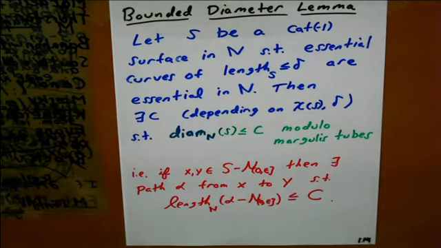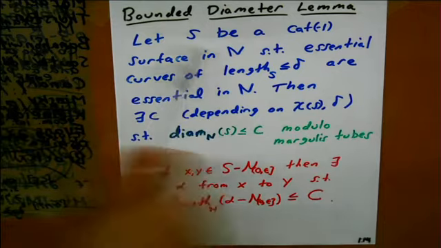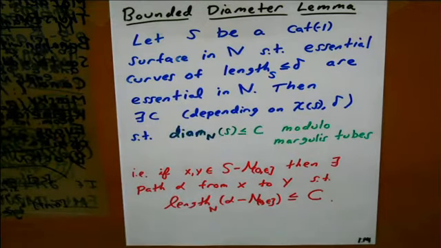Therefore, in a hyperbolic 3-manifold, a surface whose intrinsic curvature is less than or equal to -1, with a lower bound on injectivity radius, has diameter in the manifold uniformly bounded above. More generally, if there are short curves in the surface, where the injectivity radius is small at some points, then all that stuff lives inside the Margulis tubes. So the bounded diameter lemma says that a surface with intrinsic curvature less than or equal to -1 in a hyperbolic 3-manifold, modulo the Margulis tubes, has bounded diameter.